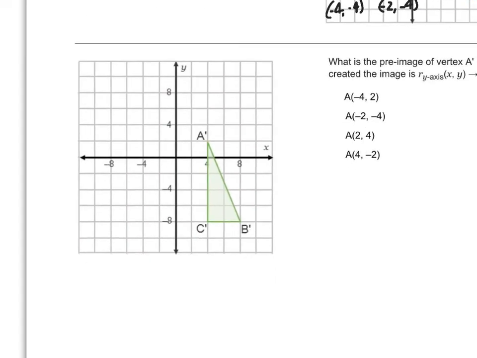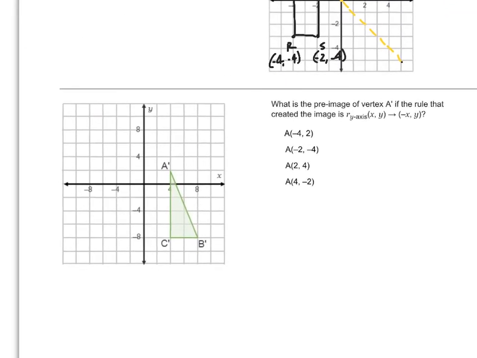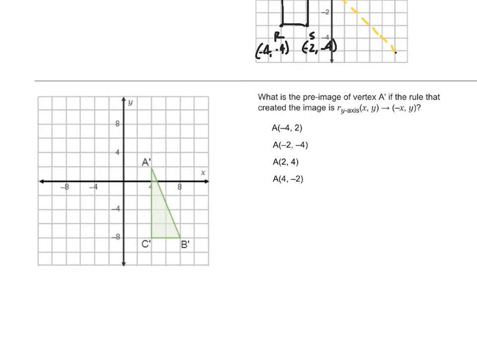On the last one, here's what we've got. It says, what is the pre-image of vertex A prime if the rule that created the image is reflecting over the y-axis, points (x, y) to get (negative x, y)? So if we're doing this over the y-axis, let's put that in here, that this is our line of reflection.